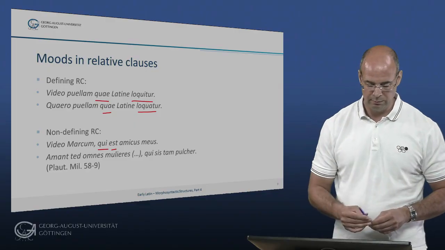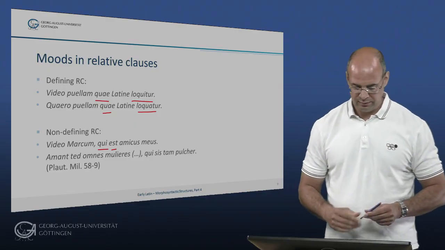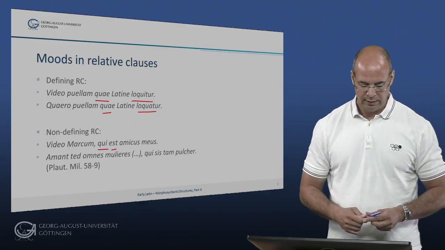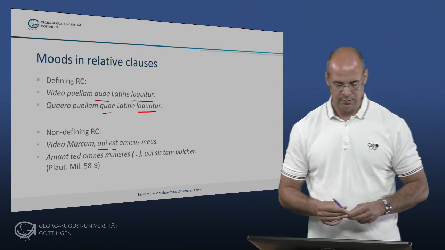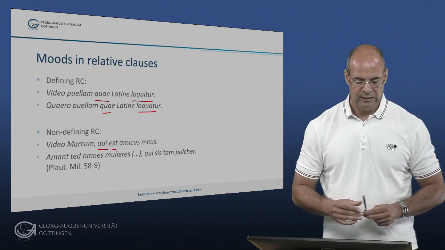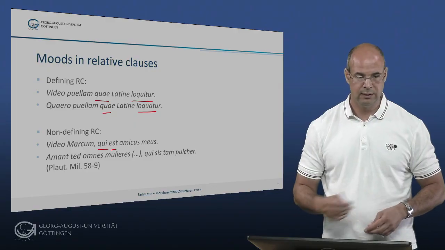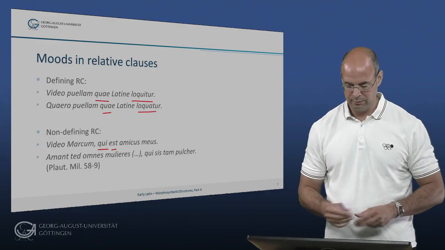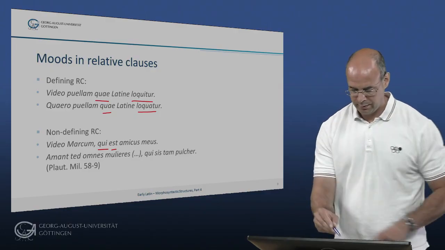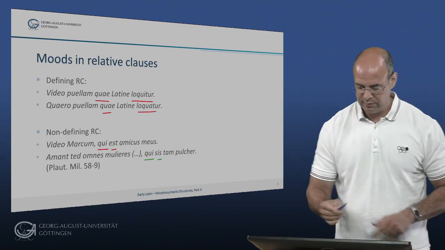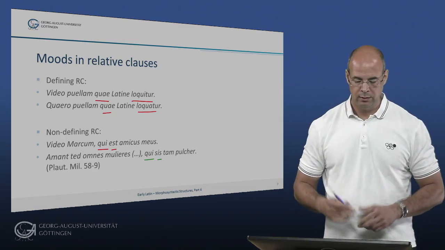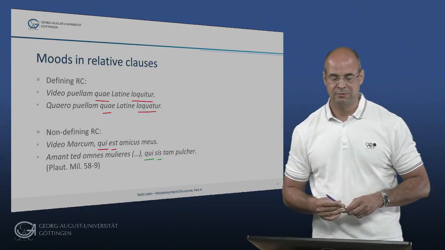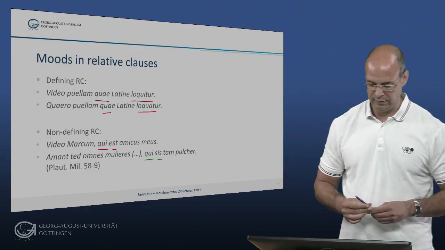So for example in Plautus, in the Miles, we find a passage where a flatterer says to his boss, amant te omnes mulieres, neque injuria, so all women love you, and quite rightly so. Qui sis tam pulcher, you who are so beautiful, or because you are so beautiful. So clearly a causal element here.